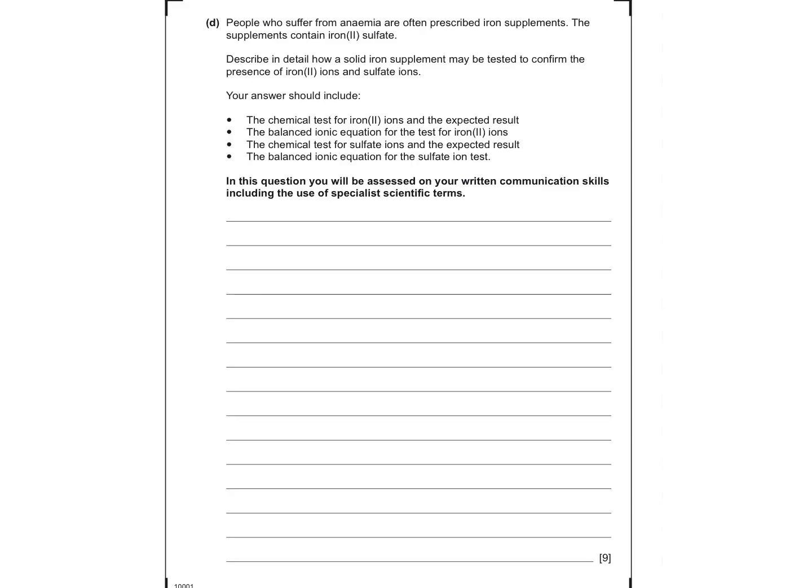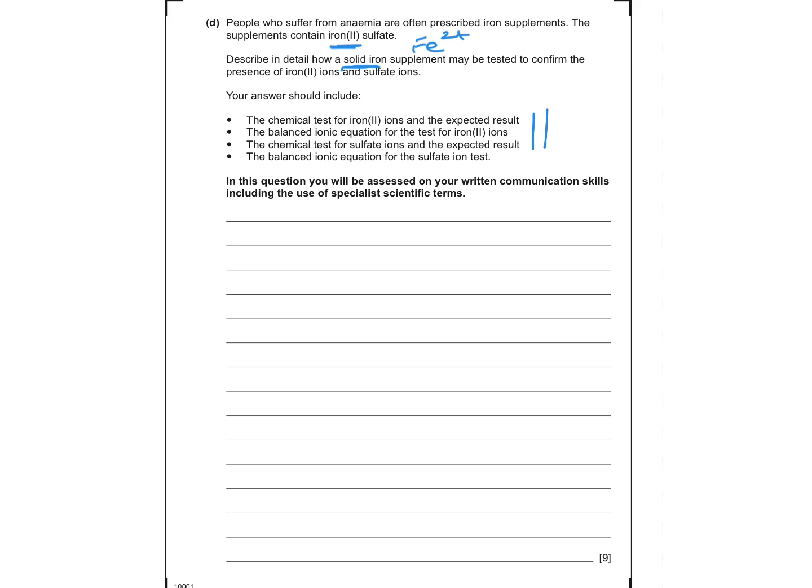Here's another qualitative test we have to do to identify metal ions. This time it's iron 2. So we can see iron 2, that's Fe2+. And we've got to include these points. So let's see, we've got a solid iron supplement, and that's important because the solid sample has to be dissolved in water before we carry out these tests.